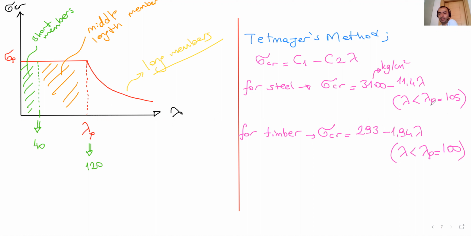If it's less than lambda p, okay, use this method. If it's higher than this lambda p, use Euler's theory. Okay, we will check it. Then we are going to select the method.